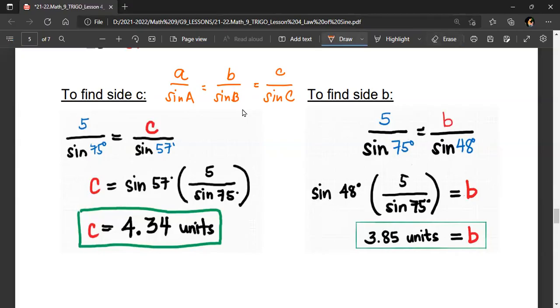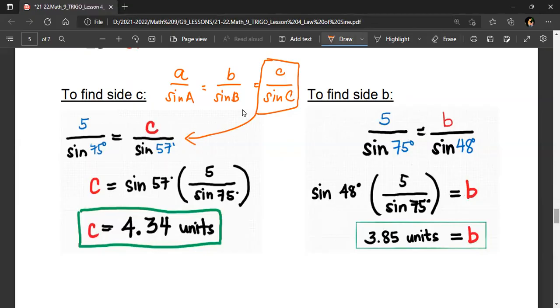Now, as you can see in our sine law here, if we would like to find the side C, this relationship will be included, and that is the representation over here.